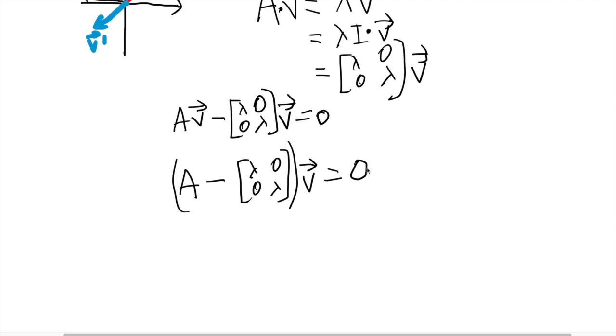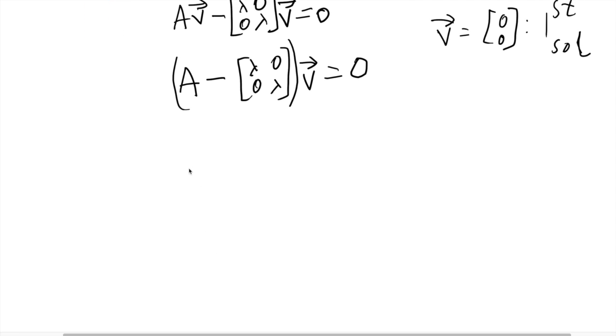Also notice that 0 is the zero matrix. If we look at this equation, one obvious solution would be if the vector v was the zero vector. So the first solution is that v equals 0, 0.